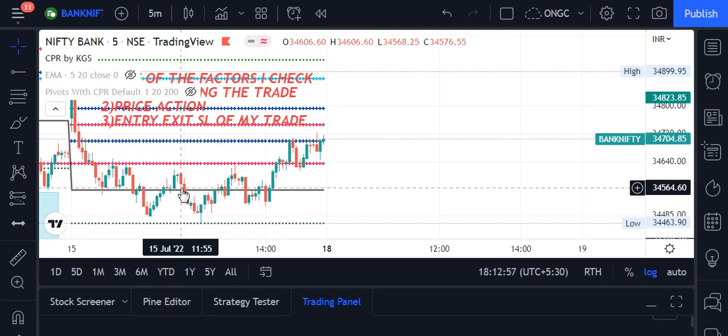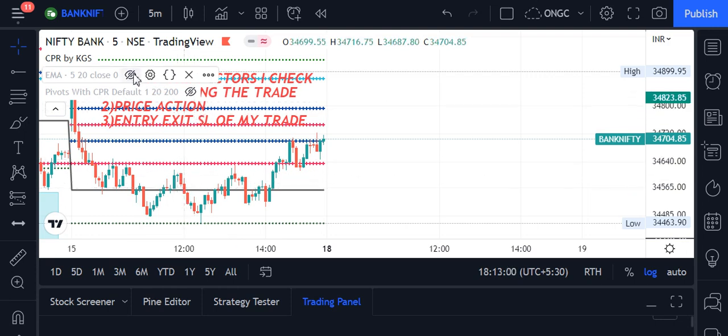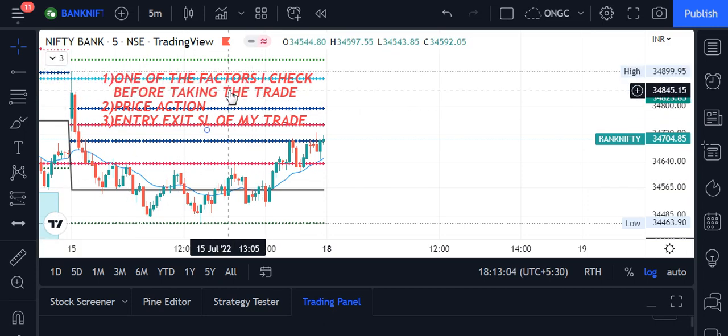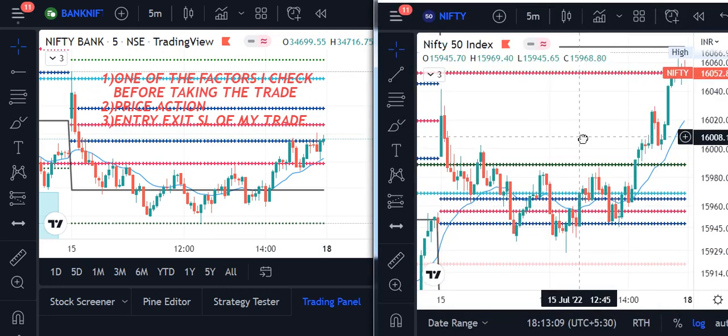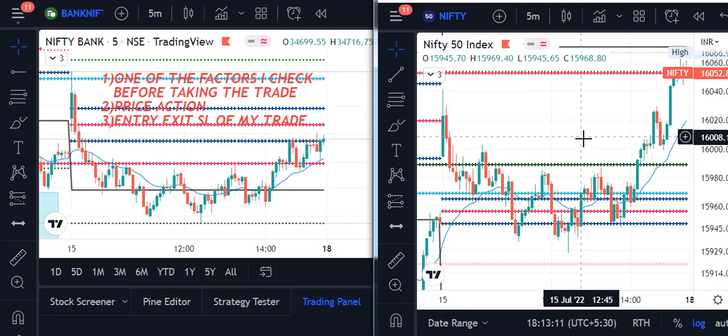Now, one of the factors I check before taking the trade is this. When I want to take the trade, for example, today my analysis is the market is bearish. So in the bearish view I have to take the trade.